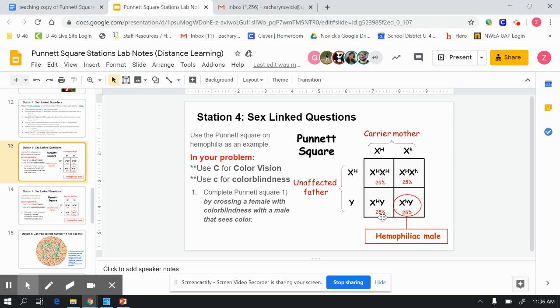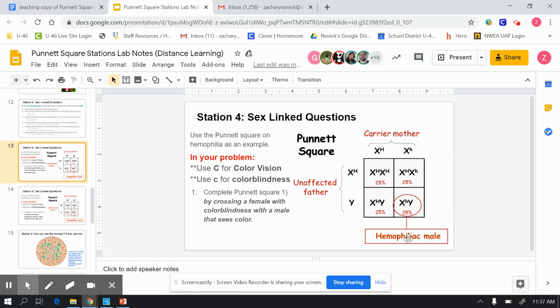Here you have a male who has a dominant allele on the X chromosome. And then finally you have an X chromosome with the recessive hemophilia allele. And again, because there's no hemophilia allele on the Y chromosome, and because that allele is recessive, this person is a hemophiliac, and that just means they have that condition.